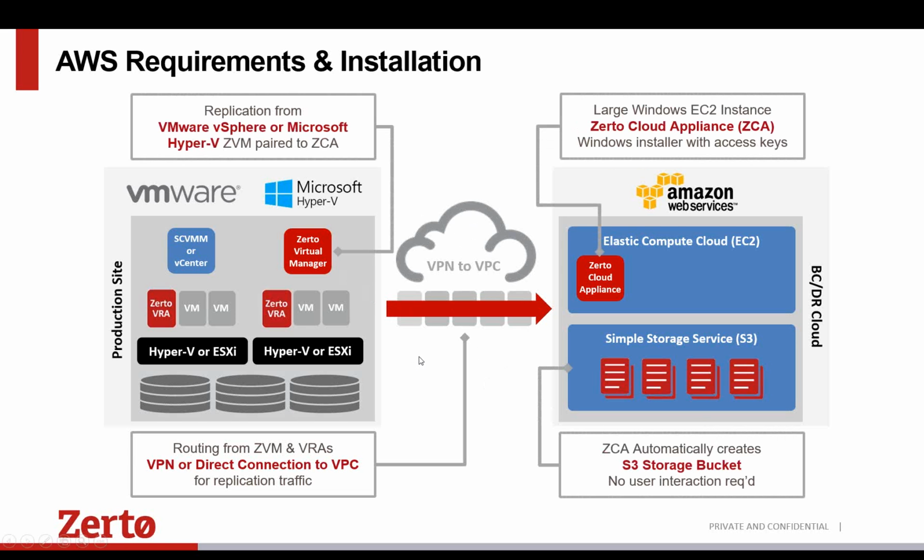And then the Zerto Cloud Appliance automatically creates an S3 storage bucket in the same region as the Cloud Appliance, no user interaction required. And once you've done this, you're now ready to configure the replication not only between VMware, Hyper-V, but also up into AWS.